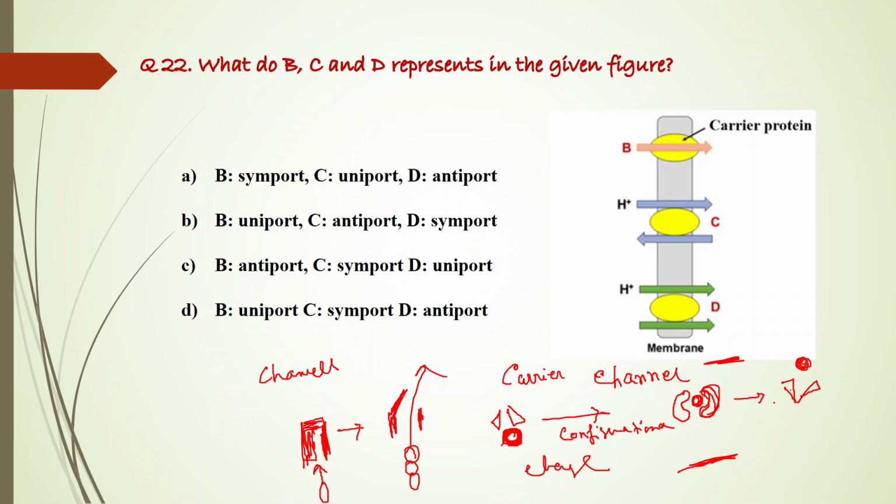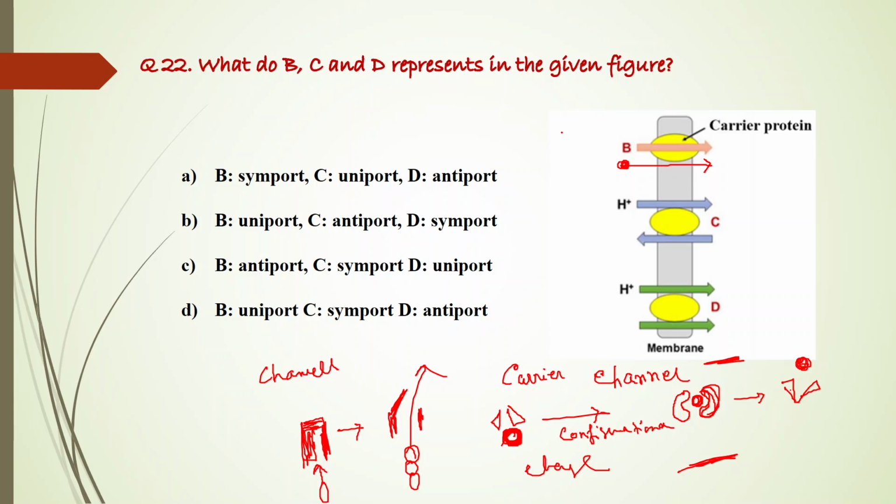During this transportation, many types of things can happen. First of all, the carrier protein can act in such a way that it will take the substance only from this side to the other side. No backward movement is allowed. You can only take the substance inside or outside, any unidirectional movement, but you cannot go back.